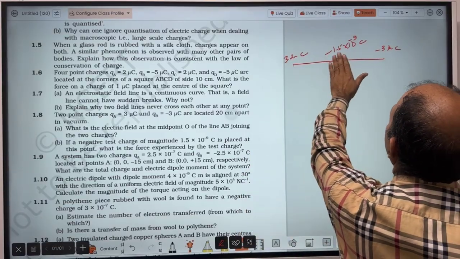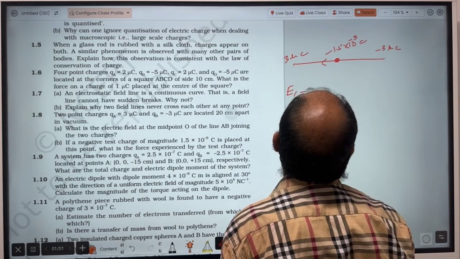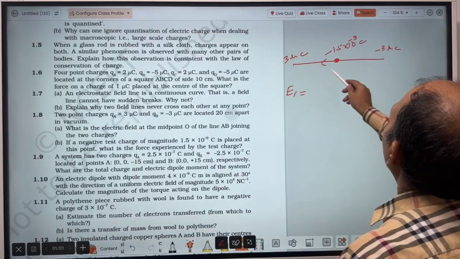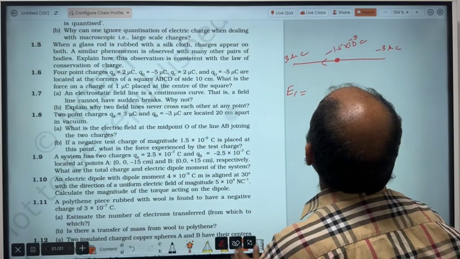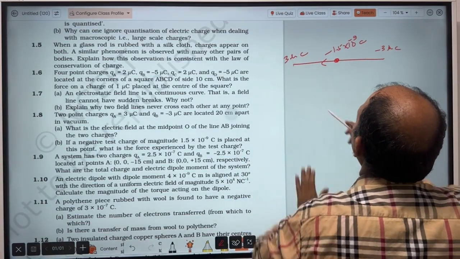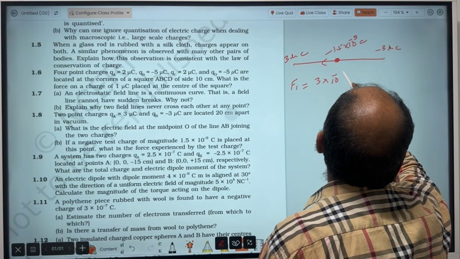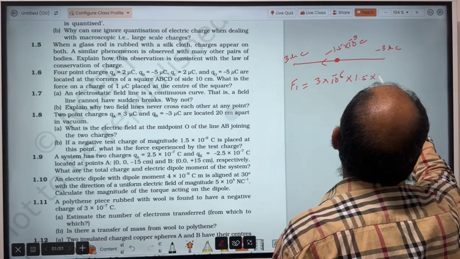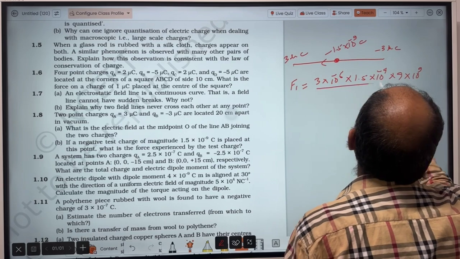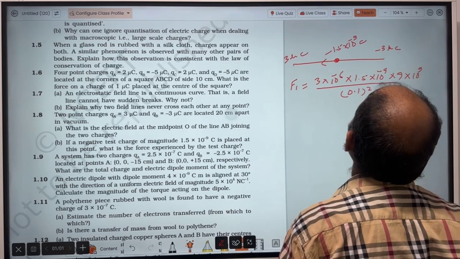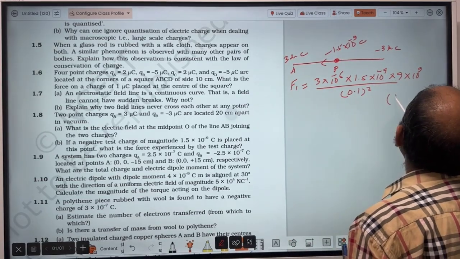If this charge is free to move, then it will move in this direction. So we are calculating force this time. F1 is equal to 3 into 10 to the power minus 6 into 1.5 into 10 to the power minus 9 into 9 into 10 to the power 9 whole divided by 0.1 square, and the direction of force is along PA, where this is P and this is A.